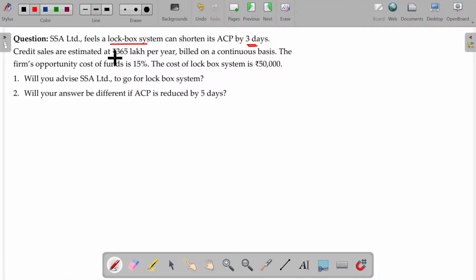Credit sales are estimated at 365 lakhs per year, billed on a continuous basis. The firm's opportunity cost of funds is 15%. The cost of lockbox system is 50,000 rupees.